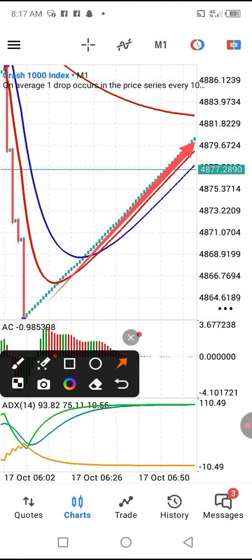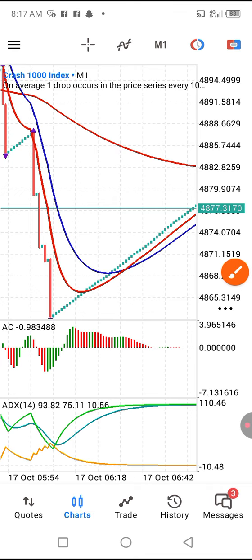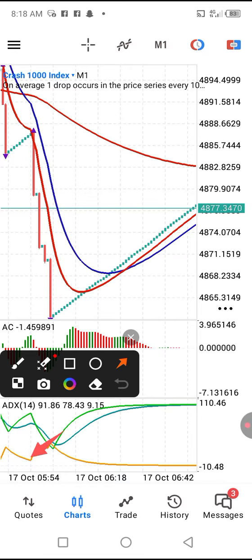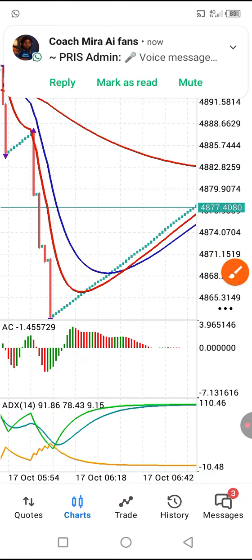But I will show you the reason why you will take it in this particular downtrend. This is the reason: our ADX shows us oversold in this place, and in this place it shows us oversold as well.